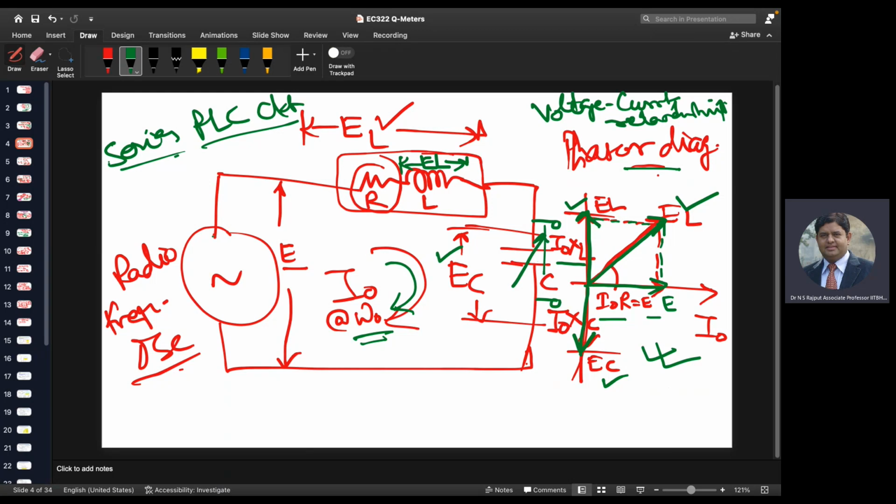So output voltage by input voltage is equal to the quality factor.